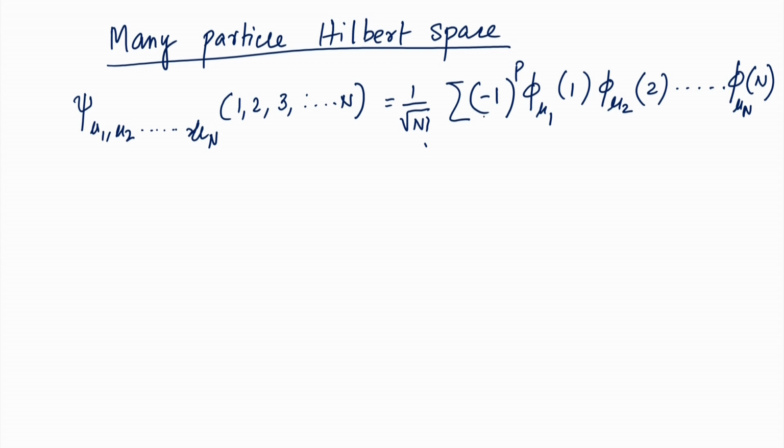There is a minus 1 to the power p, where p denotes the number of permutations.